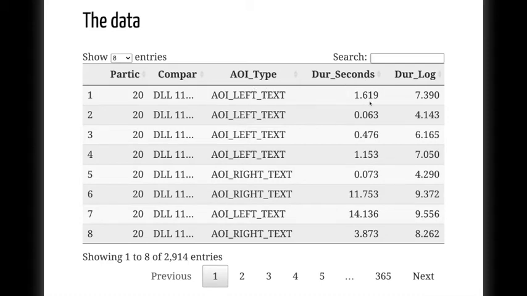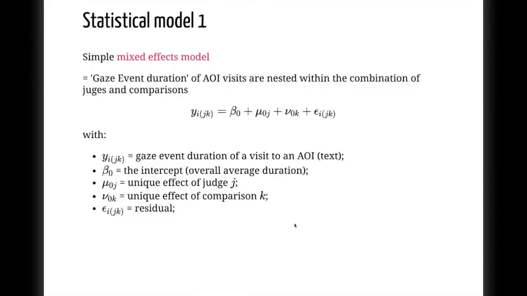That was 1.6 seconds. Then we have another recording, and so on. The data that we will use are the log transformed data. These data are nested within the combination of judges and comparisons, and that's something you can acknowledge in a mixed effect model, and it's written out here.